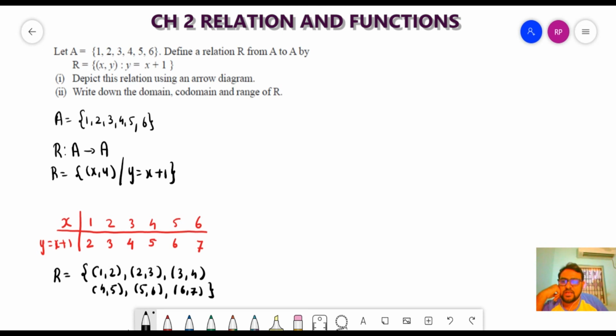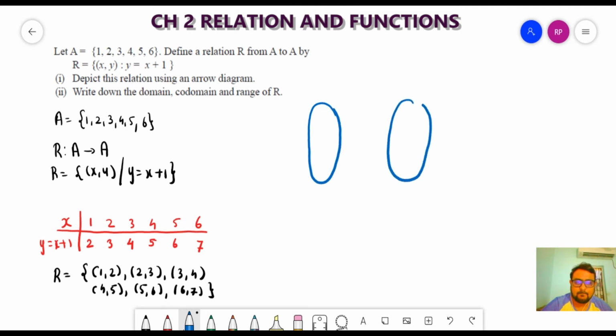The first question: depict this relation in an arrow diagram, right? So in the arrow diagram, what I will do, set A to A. Now see here, the question is from A to A. Here I got the value 7, right?